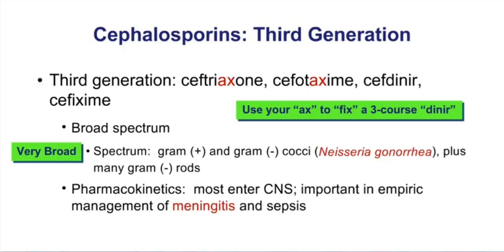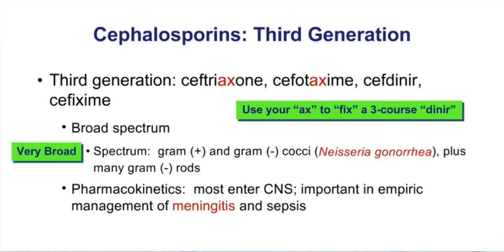And maybe another way is to remember that the ax drugs are very effective for meningitis. People remember ax to the head for meningitis. These are very effective drugs because the third generations, most all of them, enter the CNS effectively. So the treatment of meningitis, bacterial meningitis, with these third generation drugs.